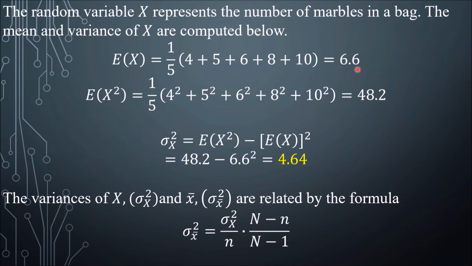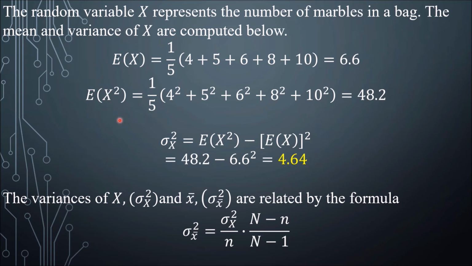So as you know, the mean of the sampling distribution is 6.6 also, which is the same as the mean of this random variable that represents the number of marbles. So they are the same. Number of marbles, the mean of that is the same as the mean of the sampling distribution.